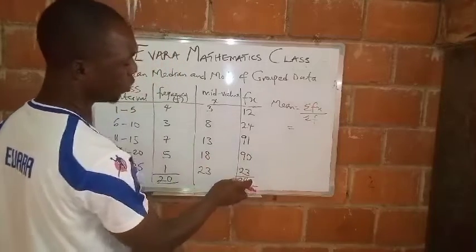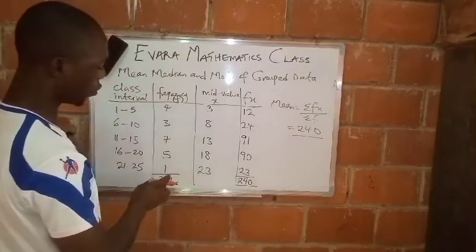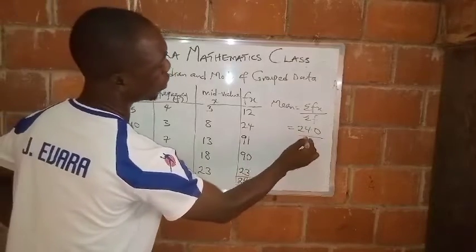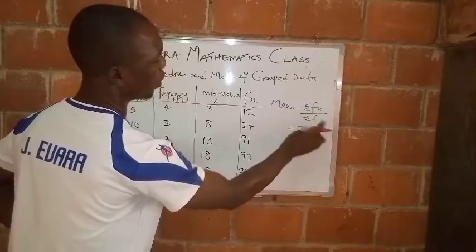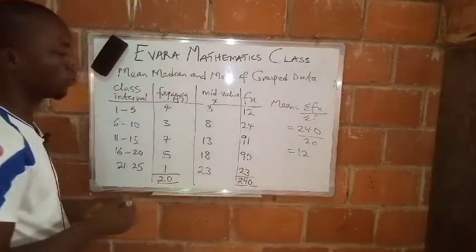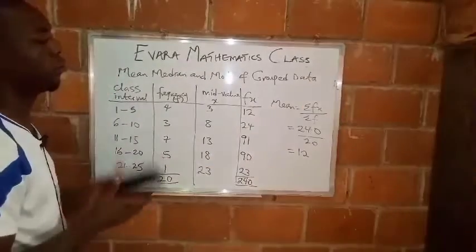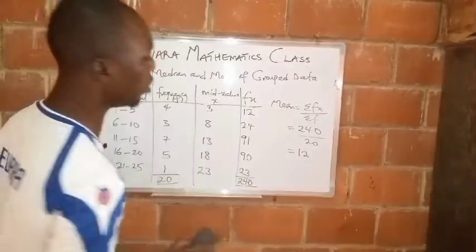Summation fx means this value here, 240, and then summation f, that is 20. If you divide 240 by 20, you have 12. So the mean value here is 12.